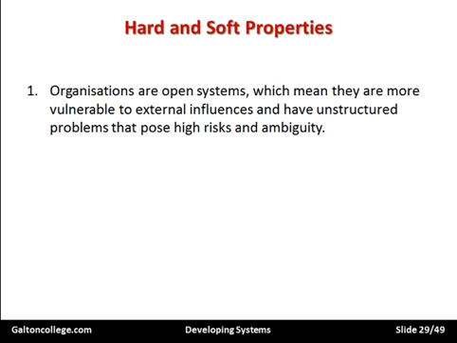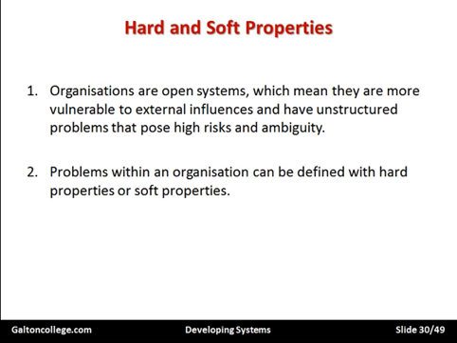So companies face high risks. Companies face uncertainty. Sometimes they have no idea about what exactly is going to happen in the market. It's very difficult to predict the future. In fact, it's impossible to predict the future with a high degree of confidence.